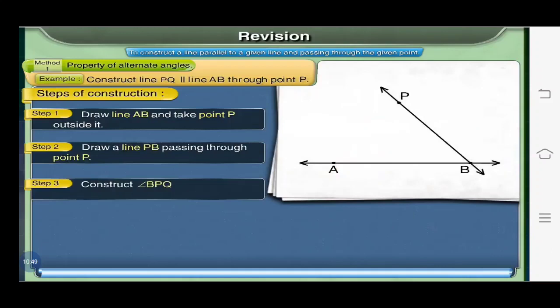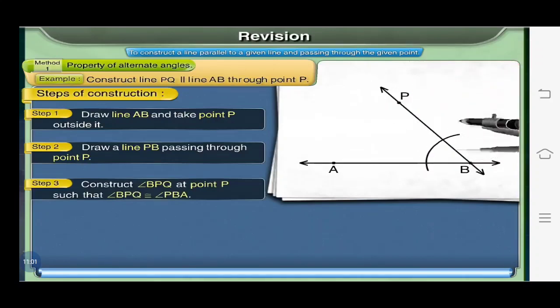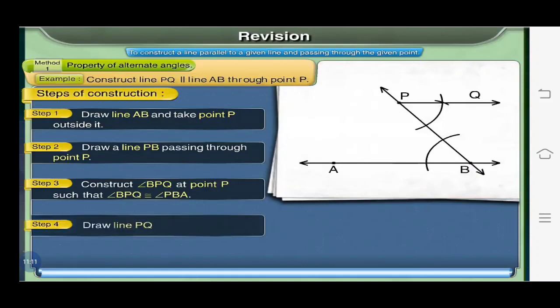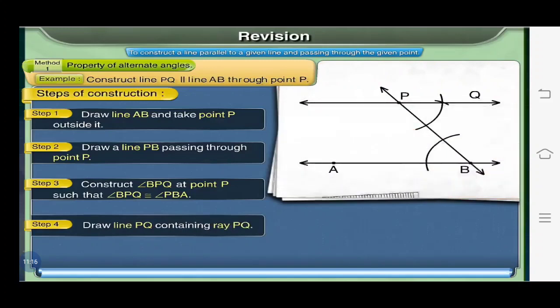Now construct angle BPQ at point P such that angle BPQ is congruent to angle BBA. Step 4. Draw line PQ containing ray PQ. By alternate angle test of parallel lines, line PQ is parallel to line AB.